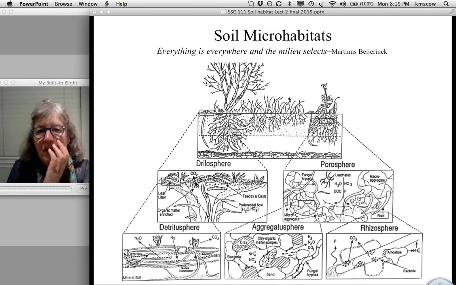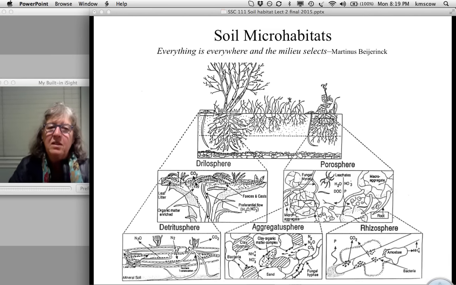So if we look at soil, this is someone who I think went a little bit crazy with imagining these different kinds of microenvironments within the soil, but I still think it's interesting to think about this.